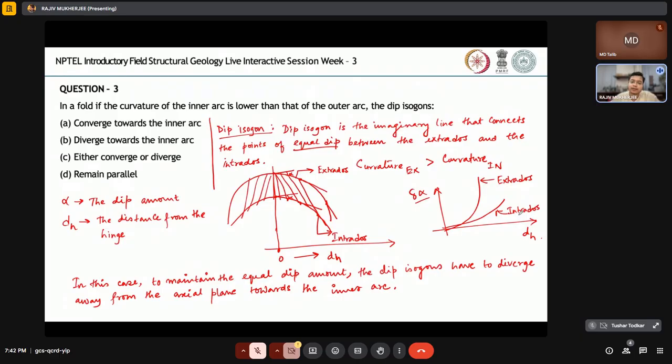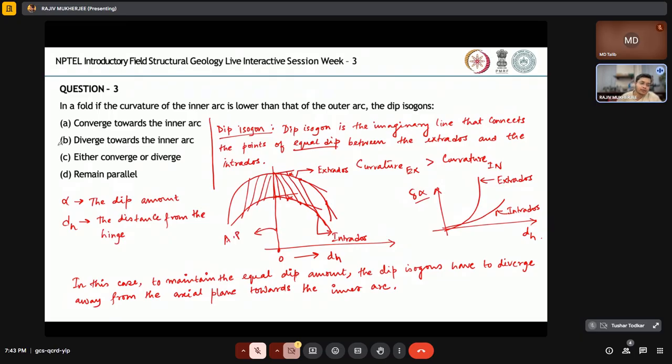Therefore, to match the points having equal dip, the dip isogon has to diverge away from the axial plane. So this is the axial plane, right? So the dip isogons have to diverge away from the axial plane.